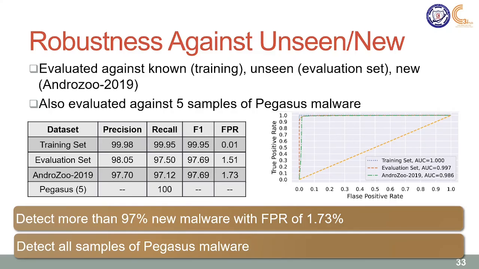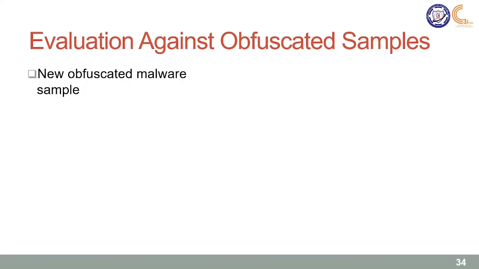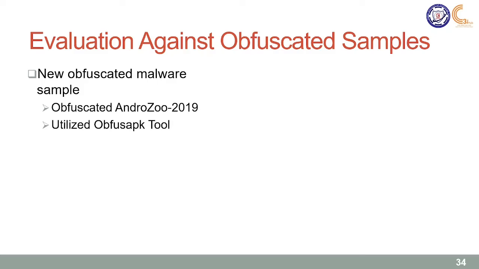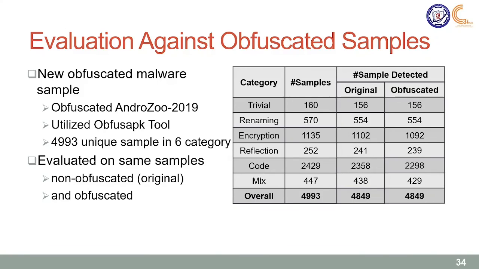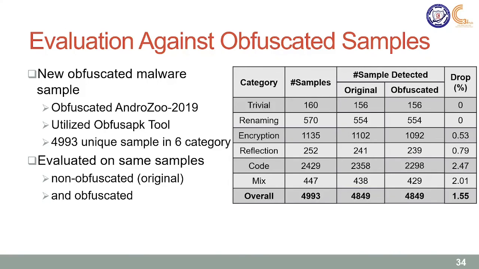Next, we look at the resilience of DeepDetect against obfuscated malware. We create a new obfuscated malware dataset by obfuscating Android Zoo 2019 malware. To obfuscate, we use the Obfuscapk tool and obtained 4993 unique samples, which lie in 6 categories. We evaluate DeepDetect on the same samples, non-obfuscated and obfuscated, and observe the drop in the detection rate.